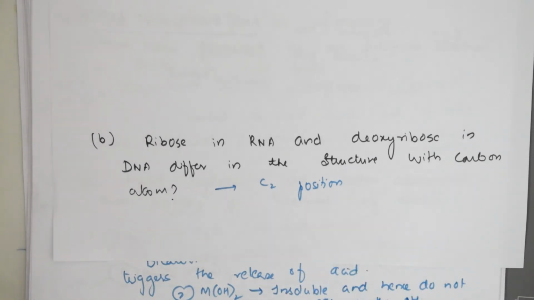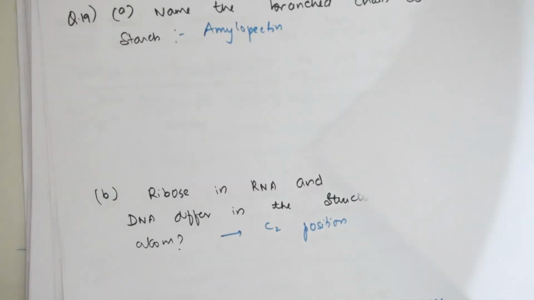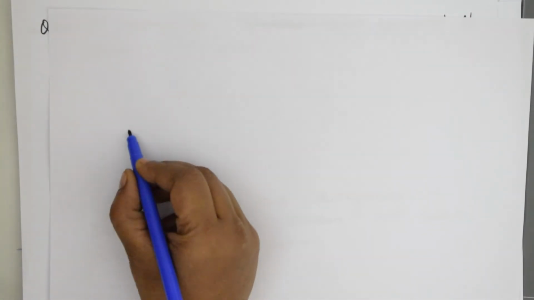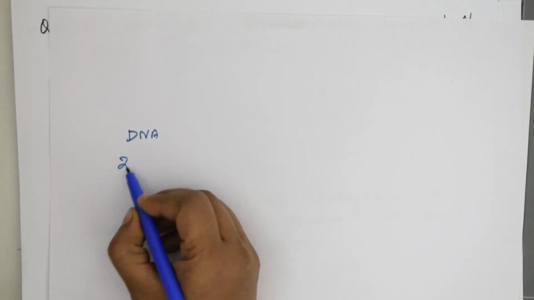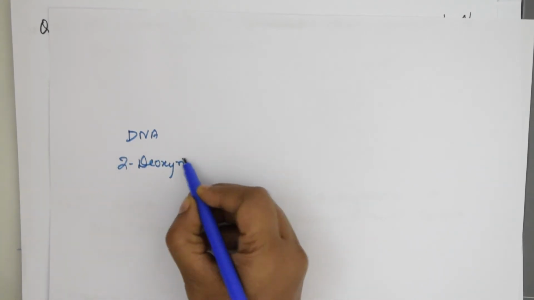But for your information, let me draw the DNA and RNA structure. So this is clear for you all, right? So let me start. When I said DNA and RNA differ at the second position, let me first draw the DNA structure. So this is your DNA structure. You will simply write it as 2-deoxyribose. Why are we writing this? Just now I said at the second carbon there is a change in the group.